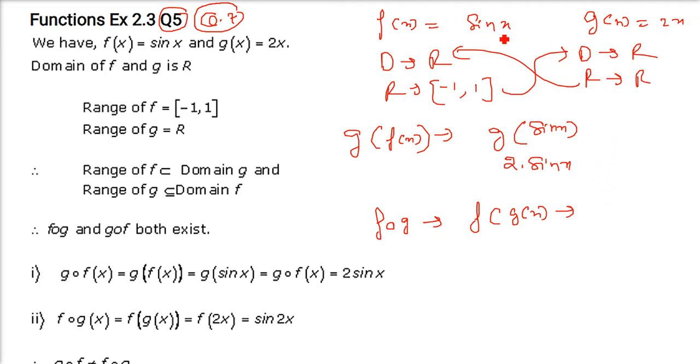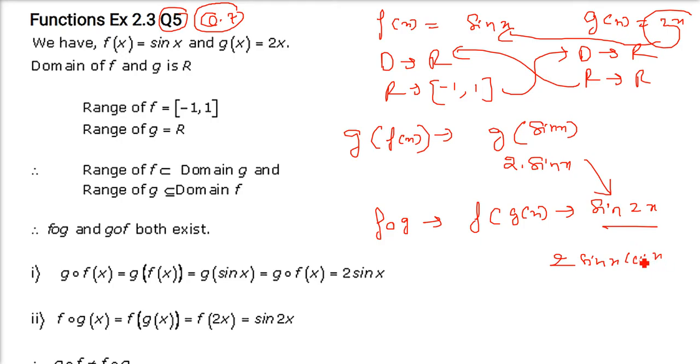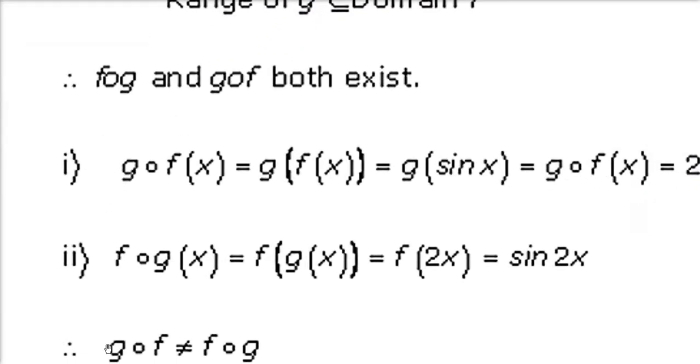So put it here, sine of 2x. Now they are not equal: 2 sin x and sin 2x. Sin 2x is actually equal to 2 sin x cos x. They are not the same. So gof and fog are not equal. They are different.